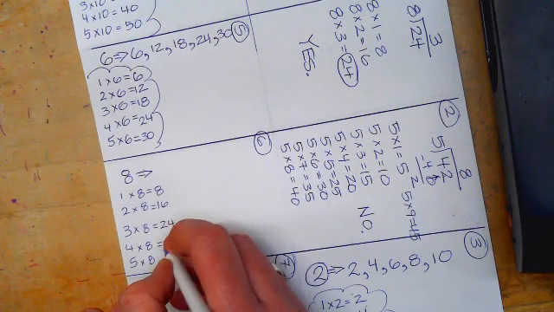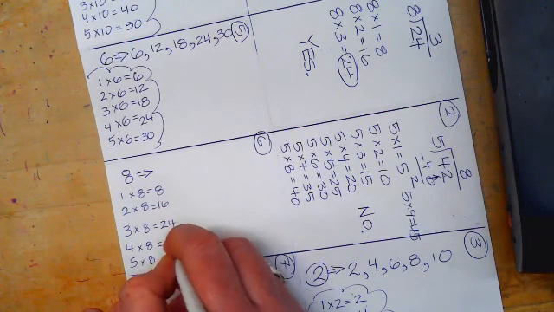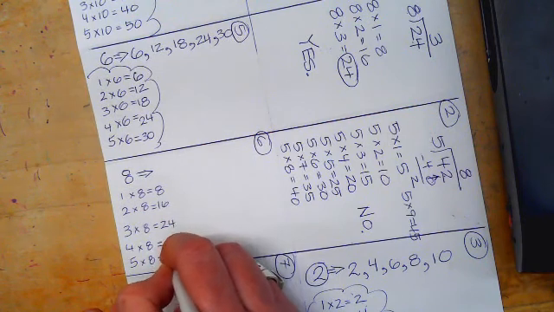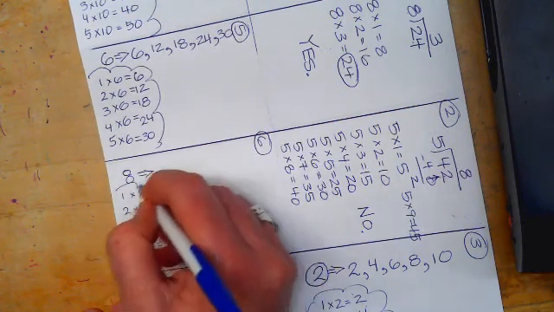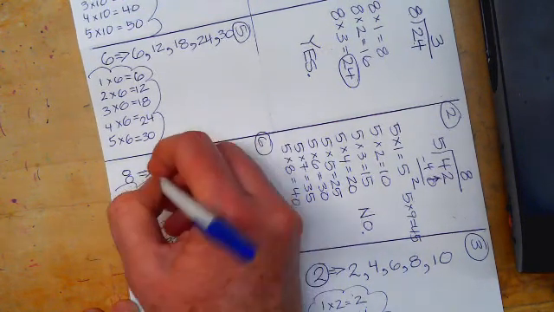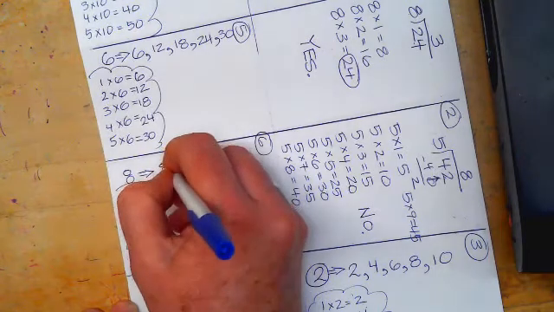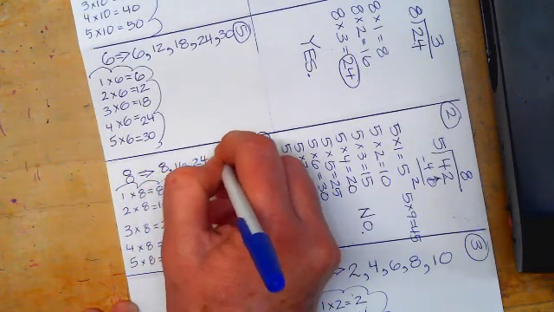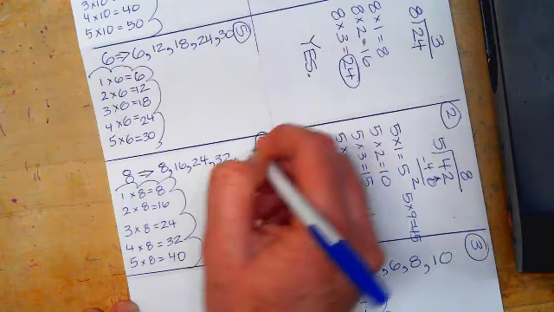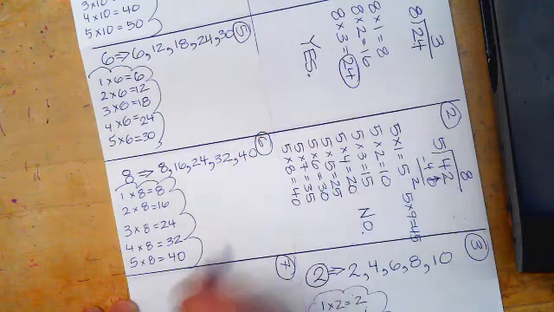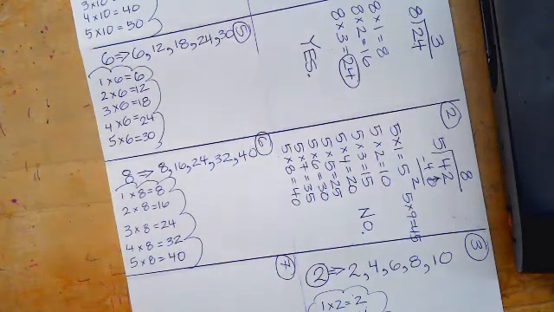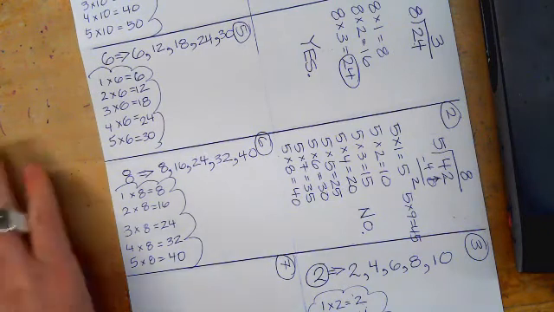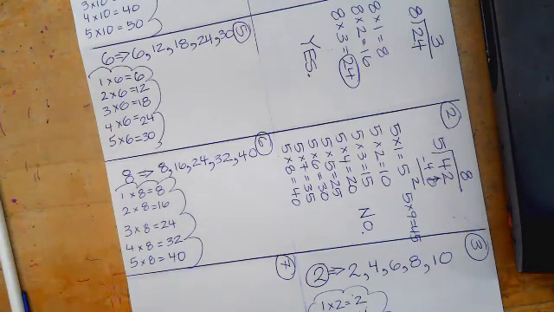So I'm just listing them so that I get extra practice. 8, 16, 24, 32. See, I told you I was rusty. 40. Teachers get rusty too. 8, 16, 24, 32, 40.